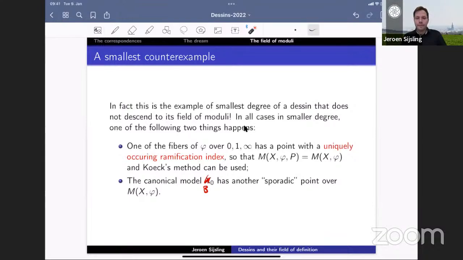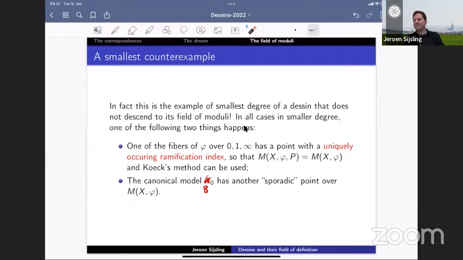There are also many ad hoc tricks that work. Sometimes the canonical model doesn't have a point, but you can find a cocycle by hand. You can get lucky like that, but I do not know of a general method.